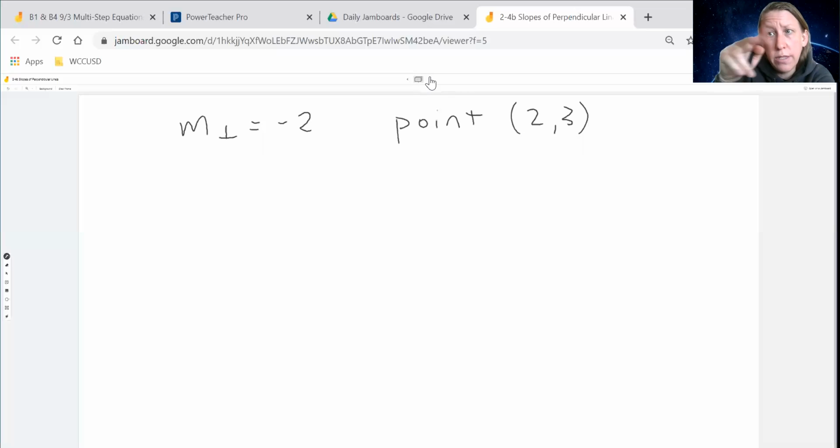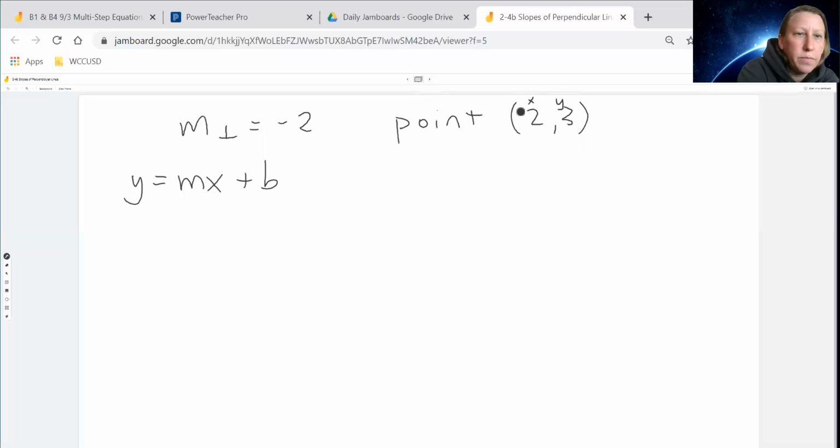There's 2 ways to write the equation. One way is to plug it into y equals mx plus b. And we're going to take these 3 numbers and we're going to plug them in here to find out what the b is. So I'm going to put a 3 for the y. I'm going to put a -2 for the m, and I'm going to put a 2 for the x.